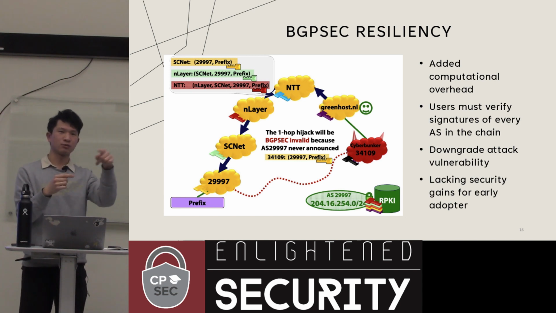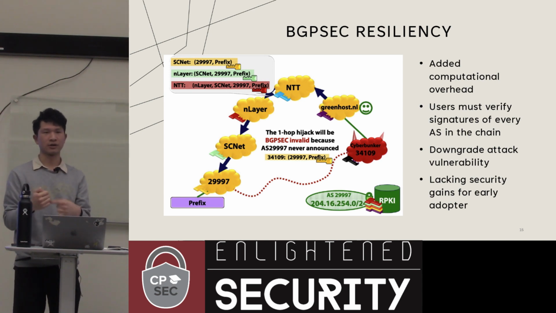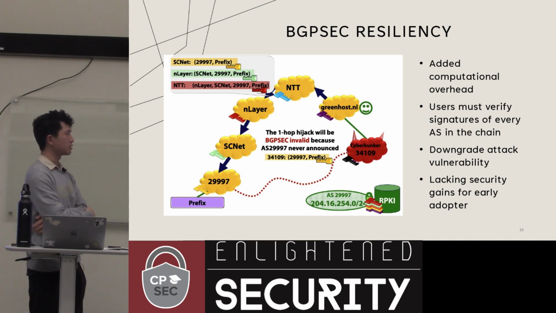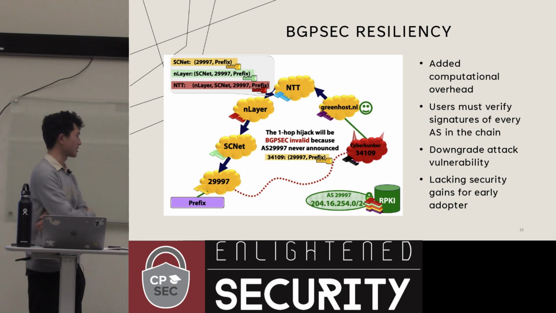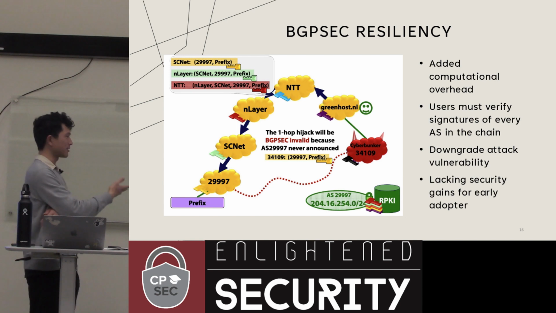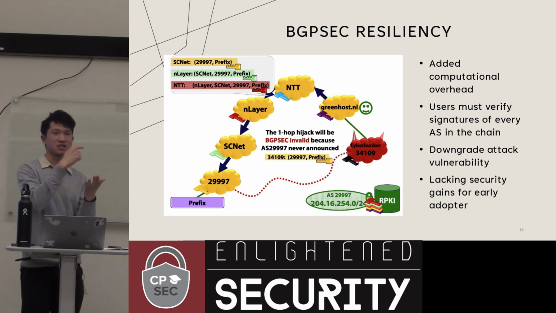Like, what's the path being taken to get to you at the very end? There's no real way to validate that in that scenario. So BGPSEC does this through digital signatures. I don't know, we haven't taken 321, I guess. It'll be hard to explain. But basically, we're going to guarantee that every single step of this path that we're taking is true.